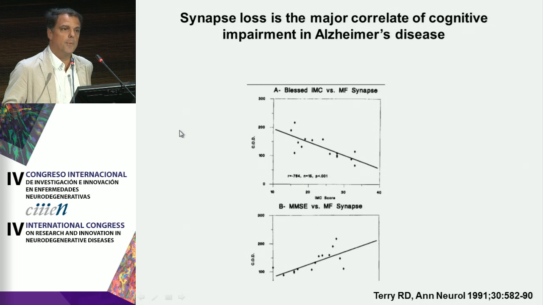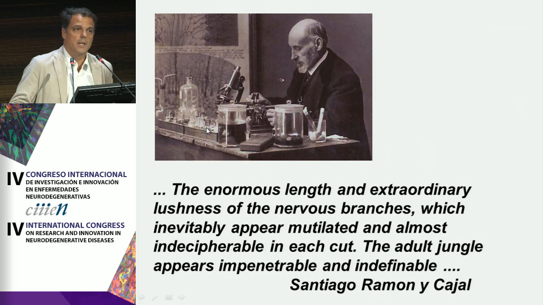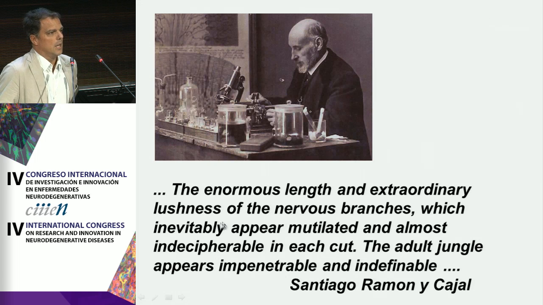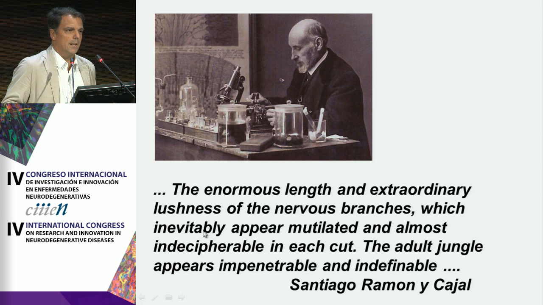This is a classical paper that you probably all know, by Terry, showing that the number of synapses correlates with cognitive scores in Alzheimer's disease. However, when you read Ramon y Cajal's books, he expressed one concern that I think is still valid today.